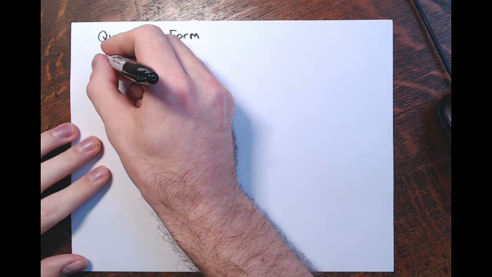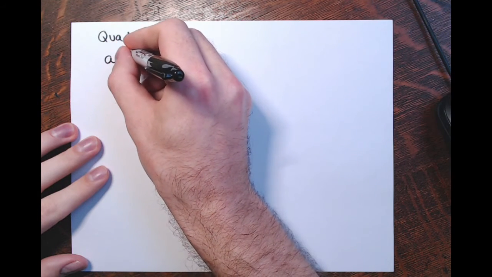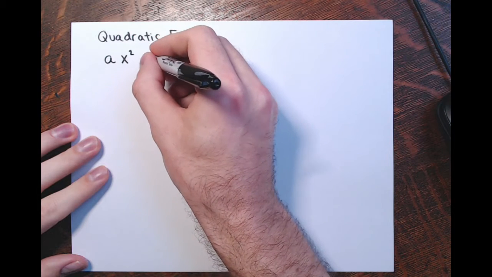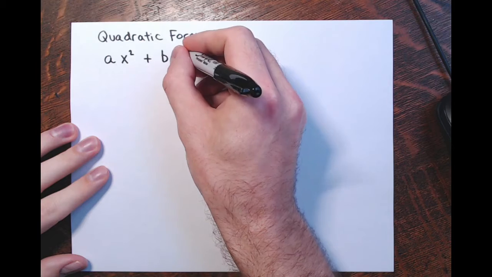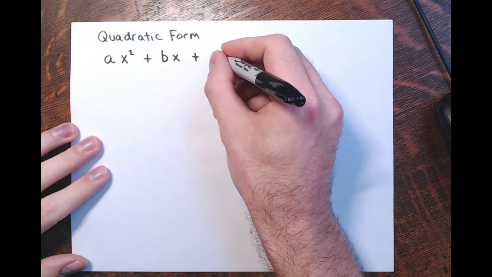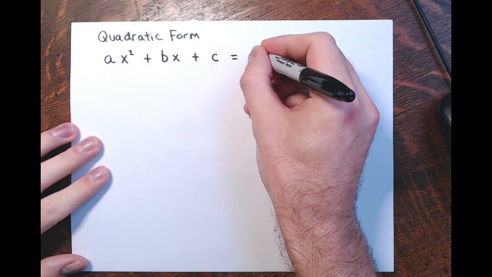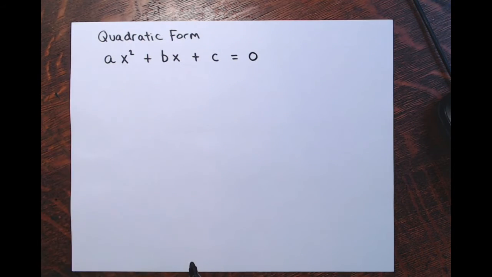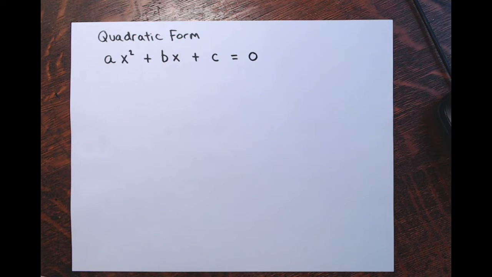That's just where you have some number a times an unknown squared plus some other number b times the unknown to the first plus a constant equal to 0. You might recall this from a pre-calc 1 or a prior algebra class. I'm hoping you've seen this.